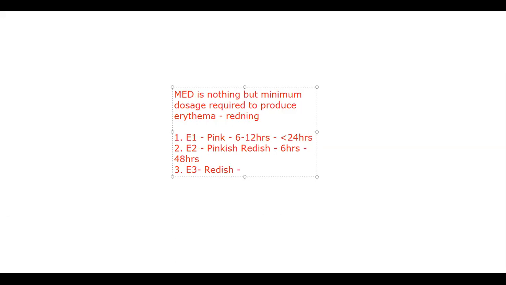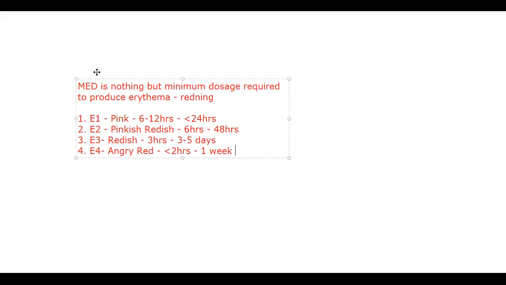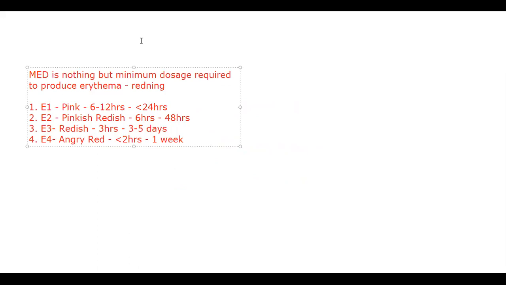Okay, 3 hours is the latent period, and it will stay for somewhere around 3 to 5 days. And E4 is the highest, so angry red. You will see the reaction in less than 2 hours, and it will stay for a week. So this is a brief discussion about the erythemal reactions.